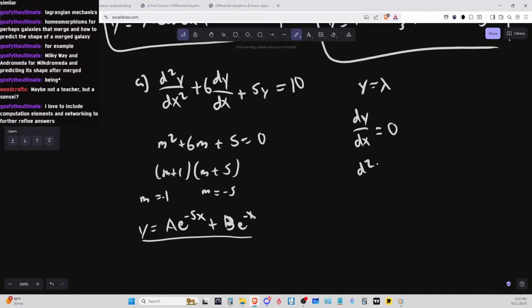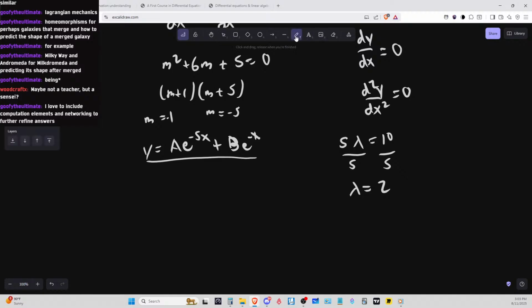The second derivative is obviously going to be 0 at this point. So we're just left with 5 lambda, and then we divide by 5, and lambda is equal to 2. So in this case, we're going to have to add lambda to this whole thing.